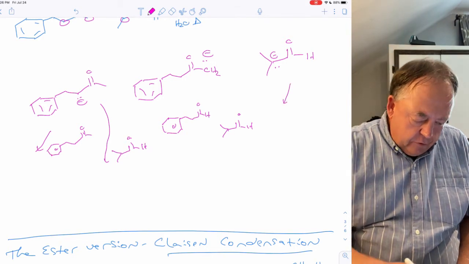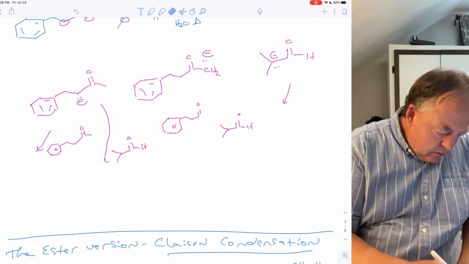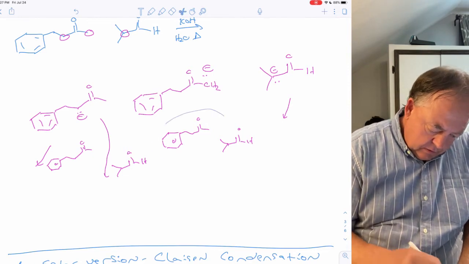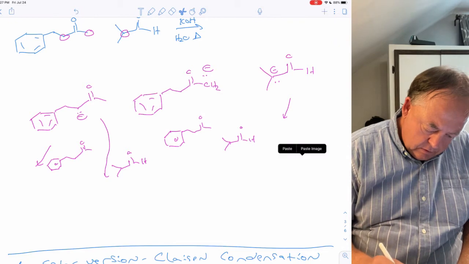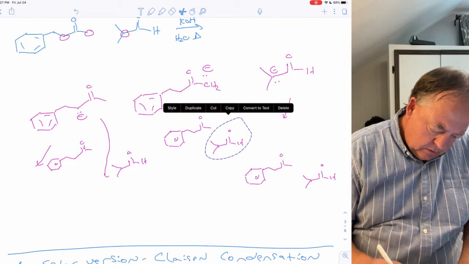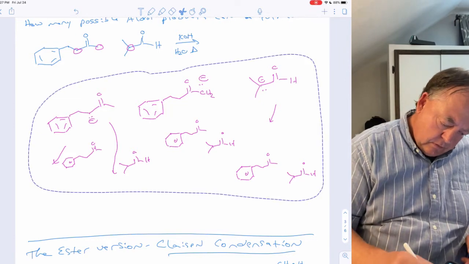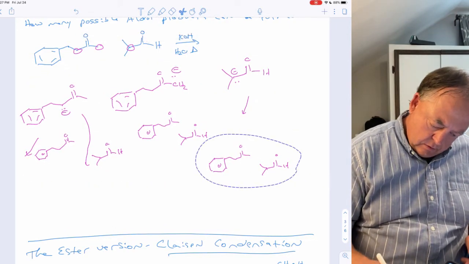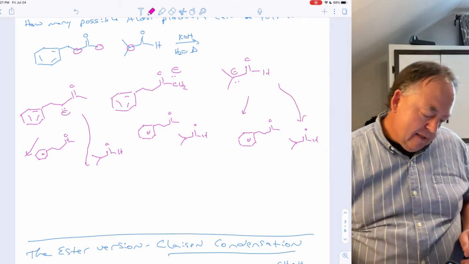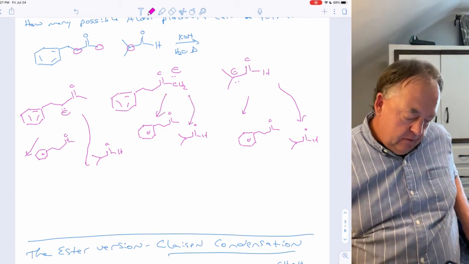It could react with itself, or it could react with the other ketone in this case. So that's going to lead to 6 possible products, right?